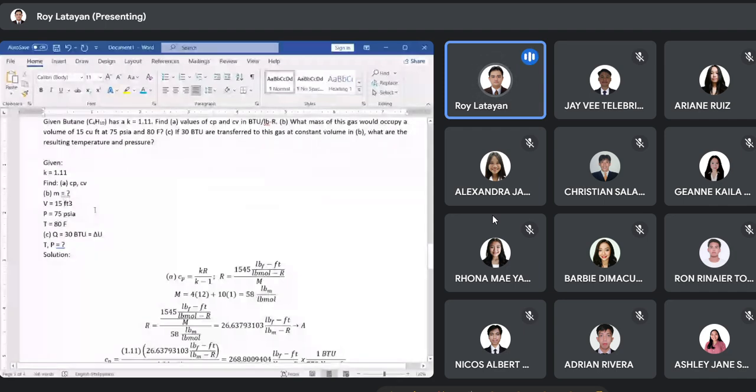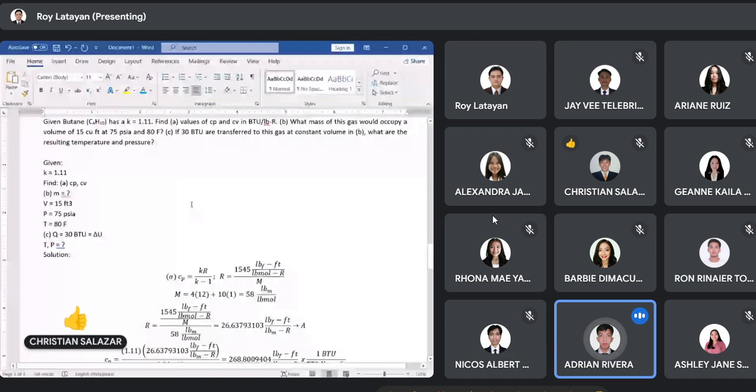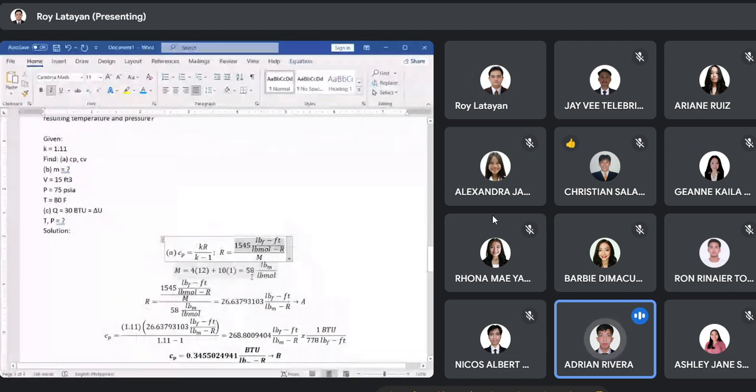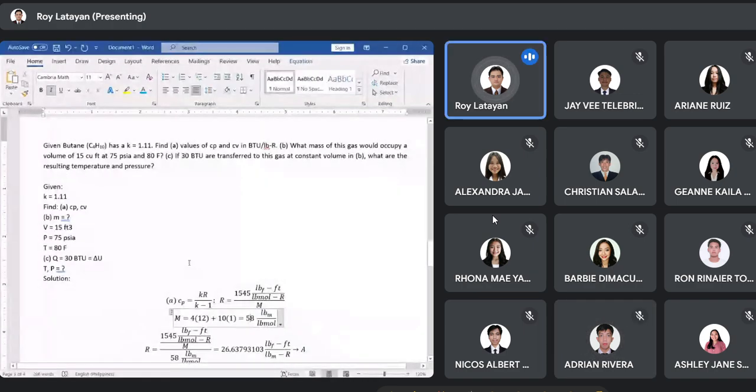Questions po? Question. Okay, go. Sir, yung R po, yung constant po, kapag po may na substance, gagamitin po yung 8.314 saka po 1545. Kapag po walang given, gagamitin po yung constant po na air, na R po. Pag sinabi siyang air, gagamitin mo lang yung constant ng air pag ang sinabing gas is air.